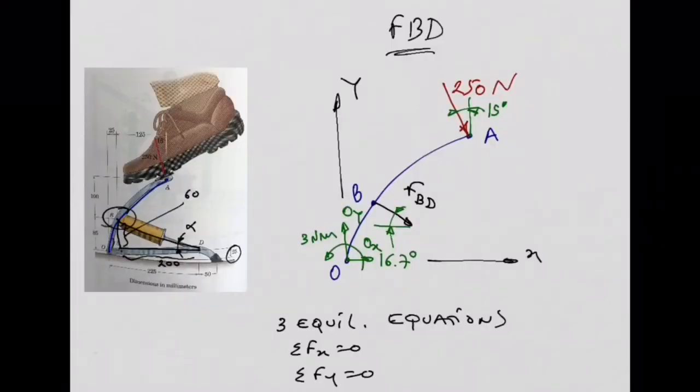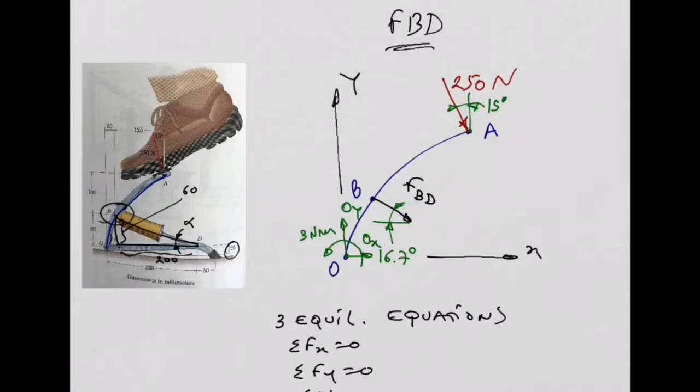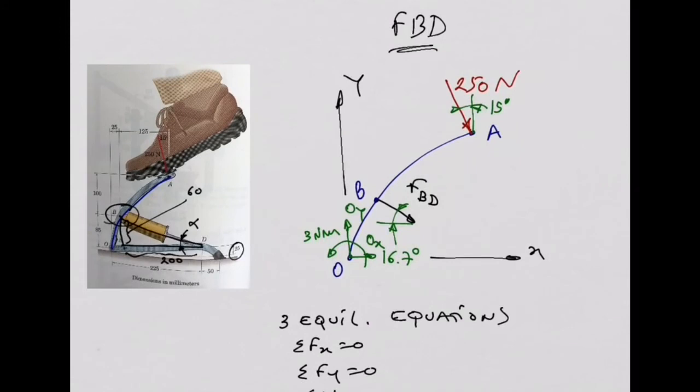So, in the morning we were doing this example from last year's exam. We didn't finish, so we agreed on the free body diagram of this member OBA, with the reactions OX, OY at point O, and also the force FBD for the force that is going into the cylinder, which needs to have the same direction as the cylinder.